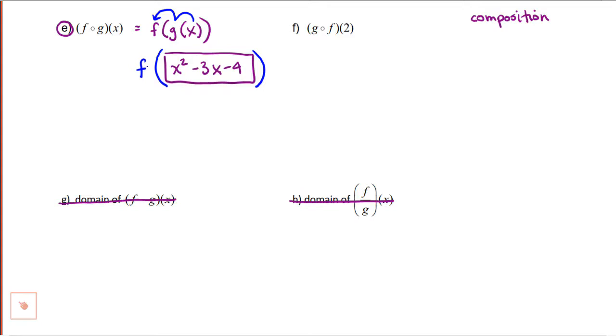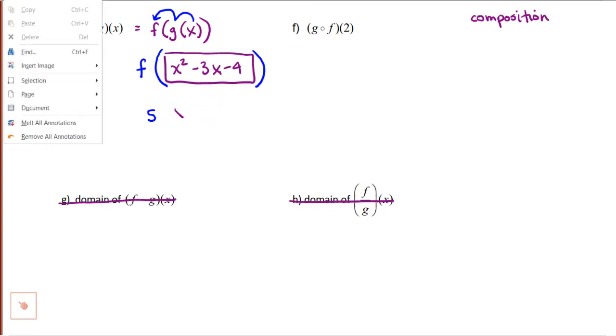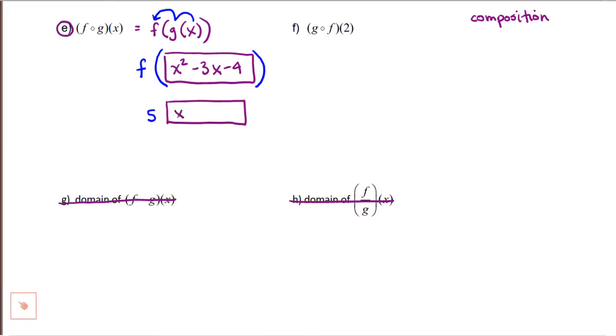What does f say to do? It says 5 times whatever you give me. So we're going to give f the box. And so f says, okay, whatever you give me, I'm going to do two things.